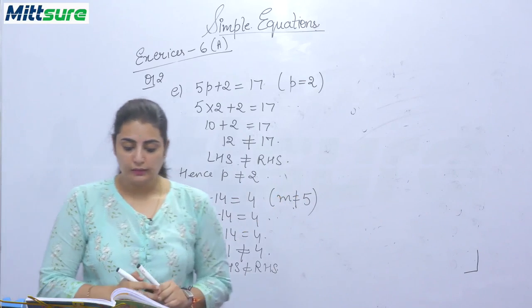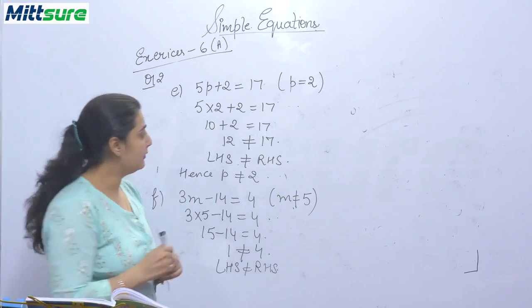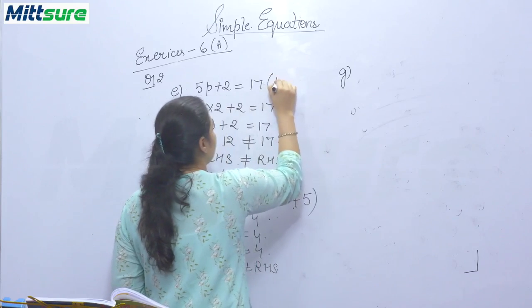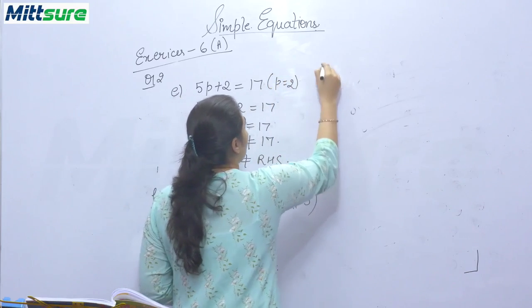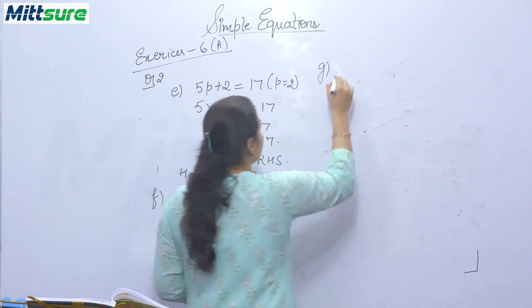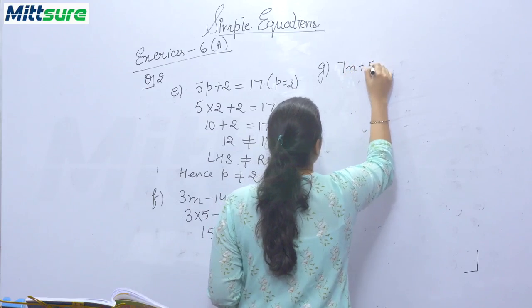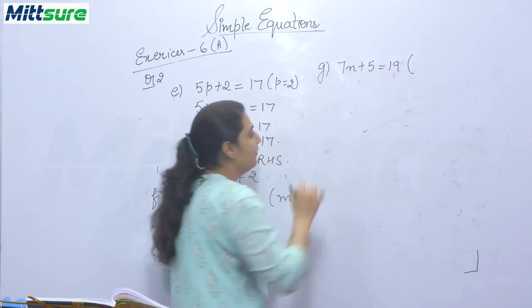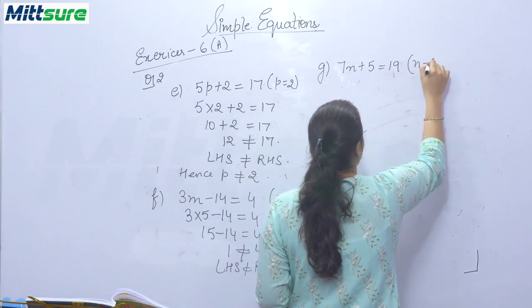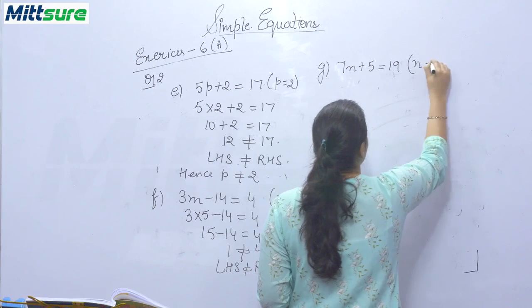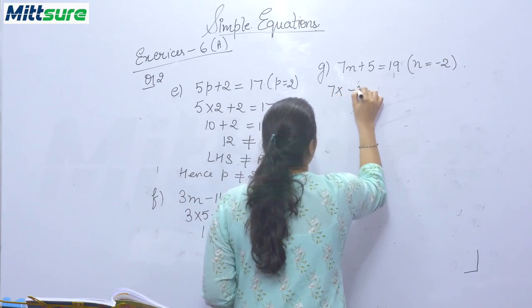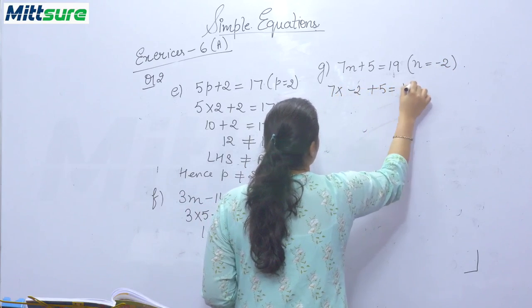Right? Now, the next, G equation, talks about 7n plus 5 equals 19, where the value of n is minus 2. Now, 7 multiplied by minus 2 plus 5 equals 19.